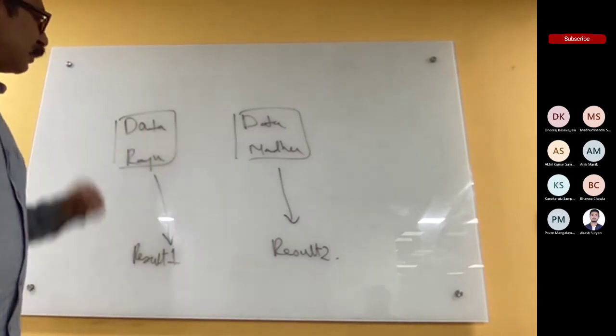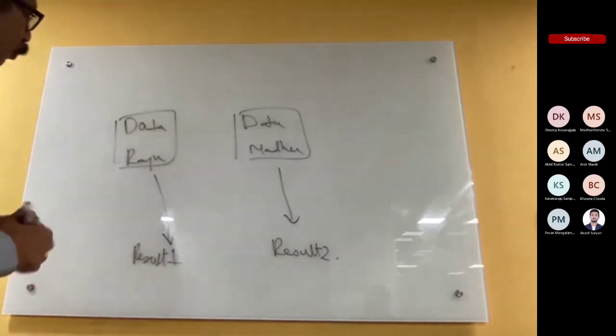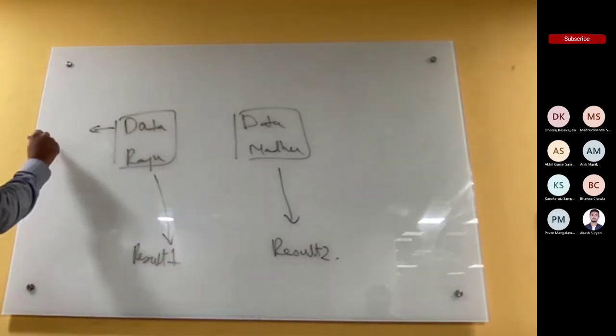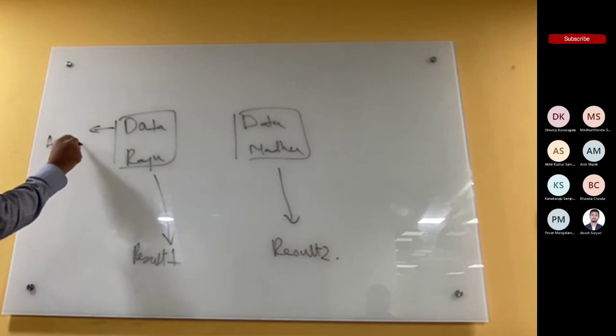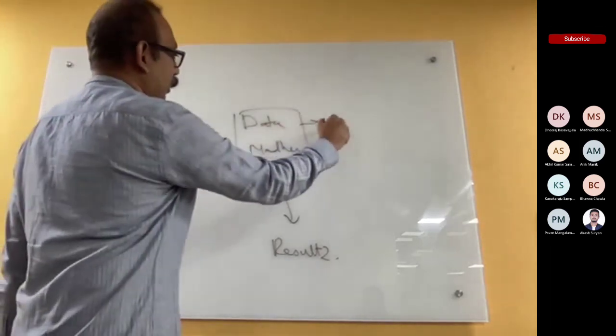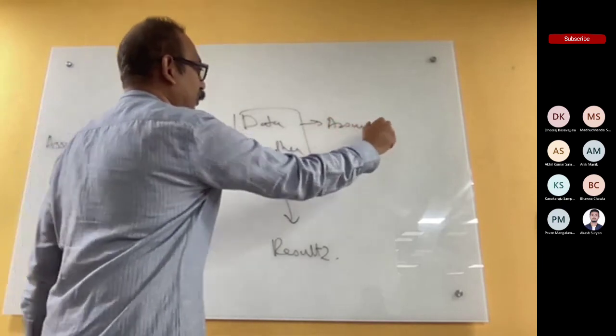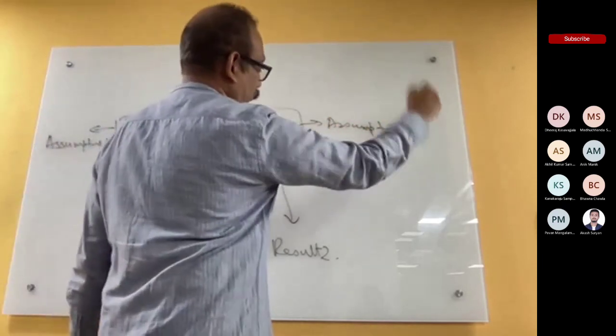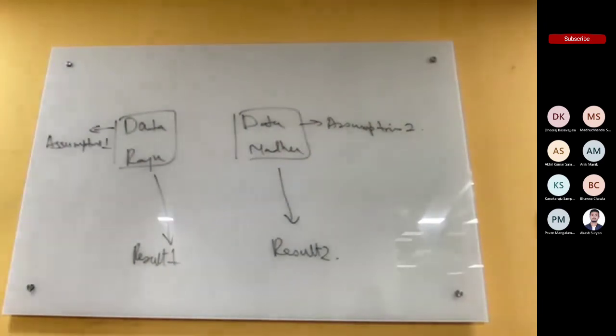Mostly, the implicit thing is you take in some data and you make some assumptions. Unfortunately, most of those assumptions happen implicitly. We don't write them out. We say, oh, this data is IID.